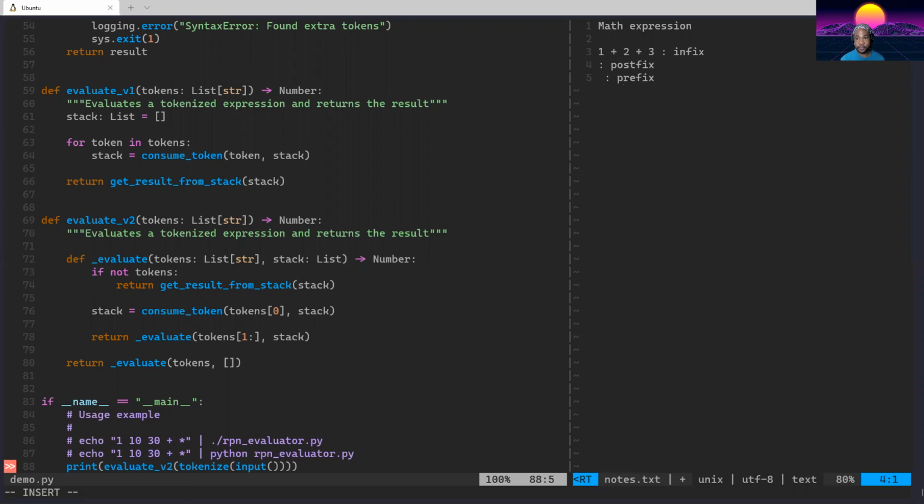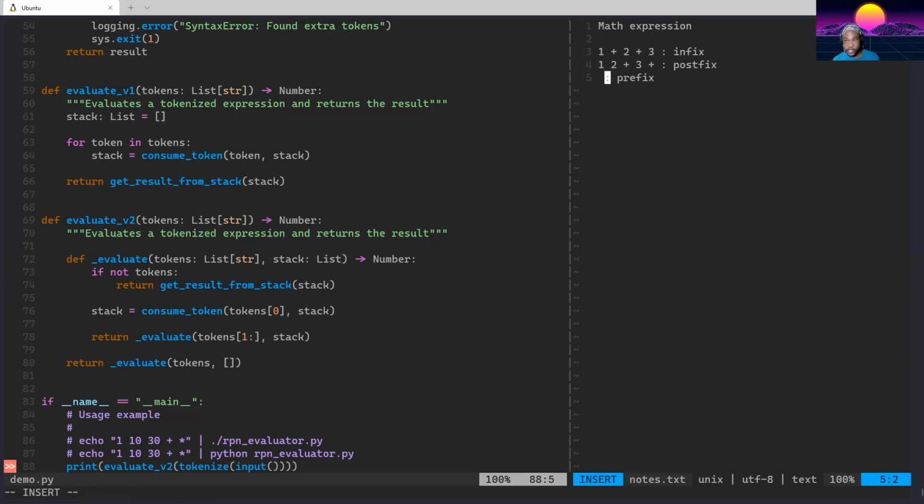So if I wanted to represent what I have for the infix notation as postfix, then that would be this. You see here, we add the 1 and 2 first, and then we take that, and we add 3 to that result, and that is the postfix notation.